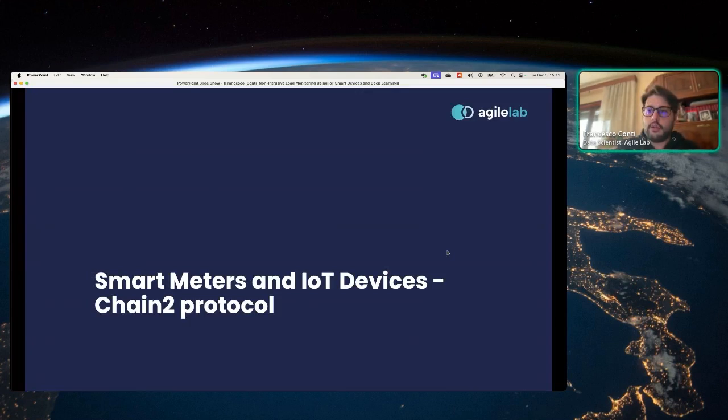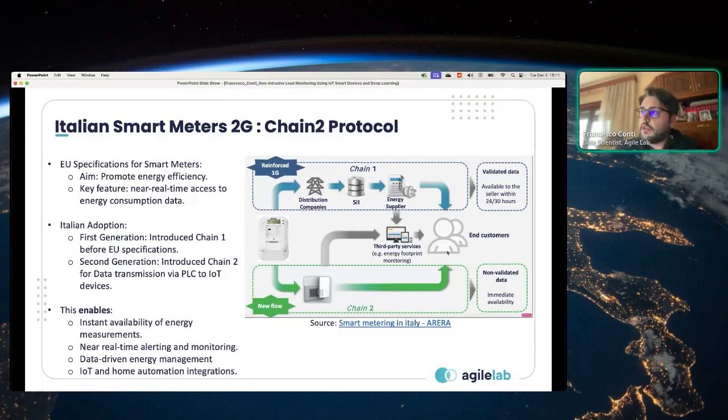Okay, now let's talk about smart meters. You can see an energy meter here. Indeed, in order to implement NILM, we need data, and we need to collect data, and this data is typically gathered using this kind of meters.